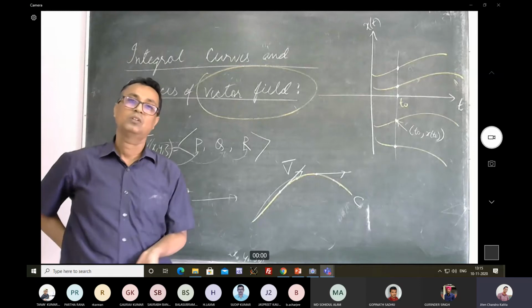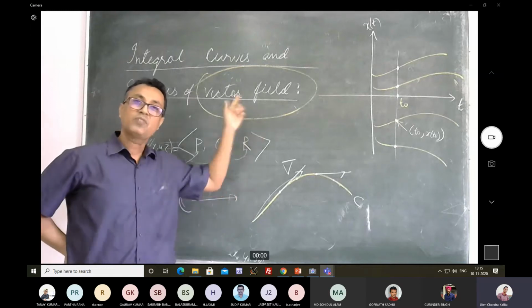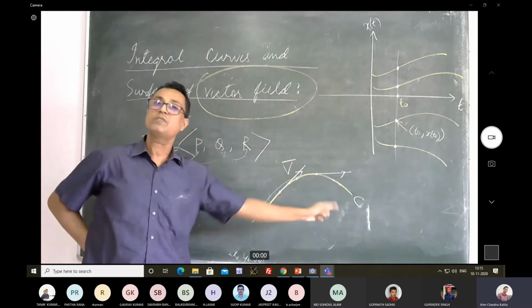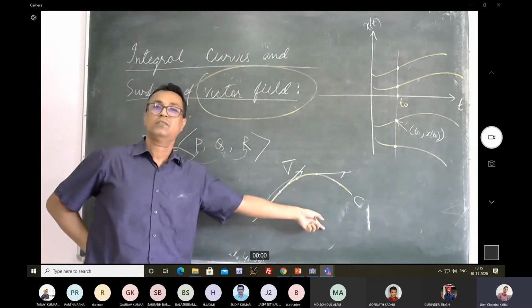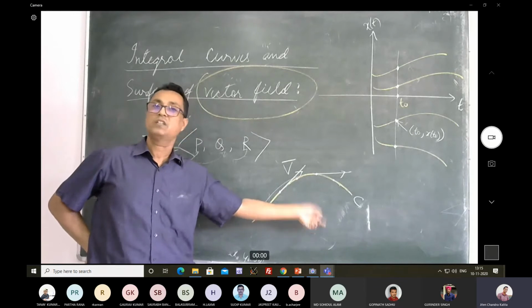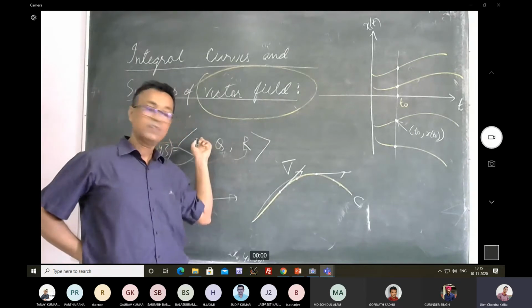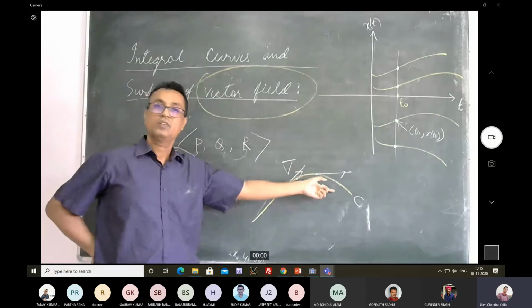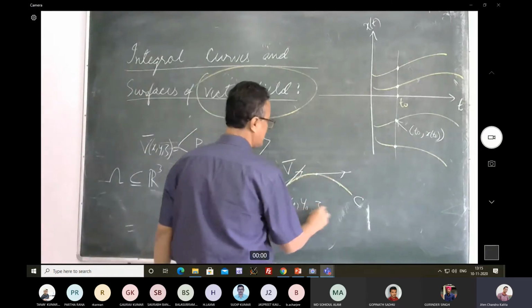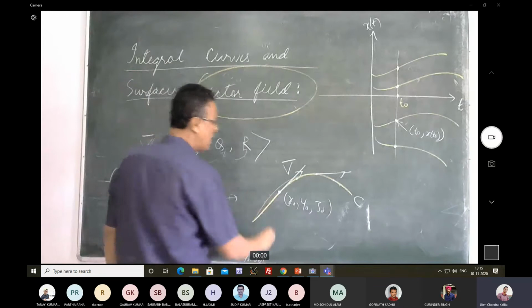How is this vector field V related to this curve C? If we are to define a space curve as the integral curve of the vector field V, then at each point on the curve, suppose I have taken an arbitrary point x0, y0, z0, so then what must happen?